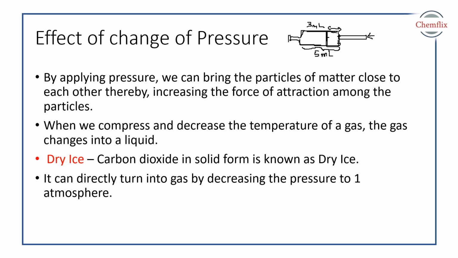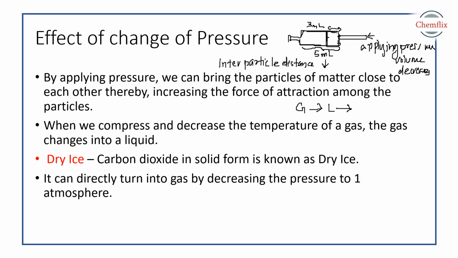So when you apply pressure, the volume decreases, and when the volume decreases, the interparticle distance decreases. Interparticle distance decreases means it gets converted from gas to liquid to solid.